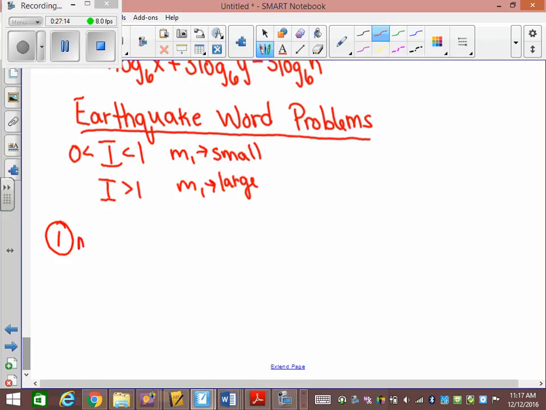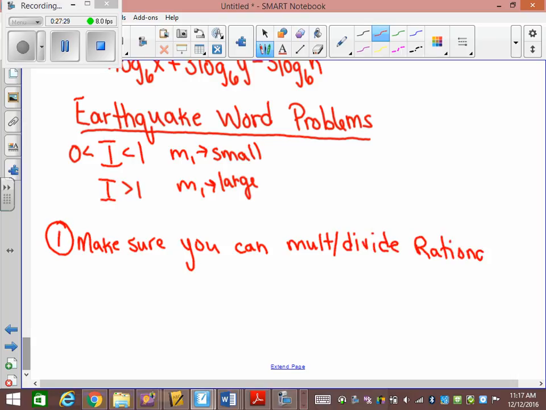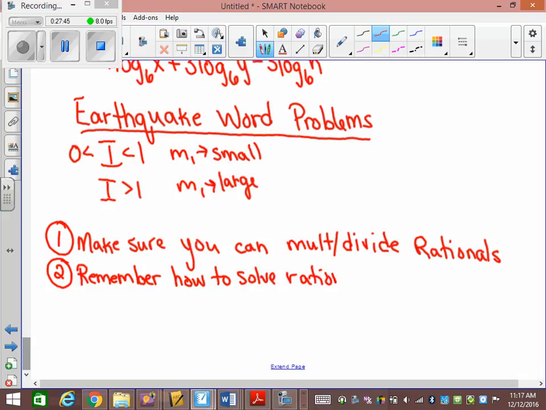1, make sure you can multiply, divide rationals. 2, remember how to solve rationals. 3, there's a perm or com question.